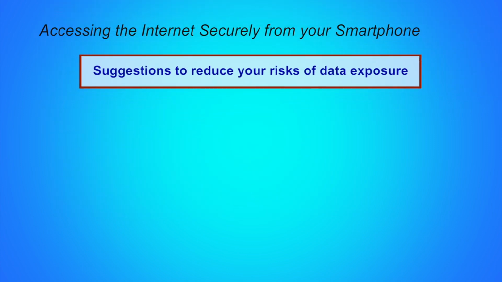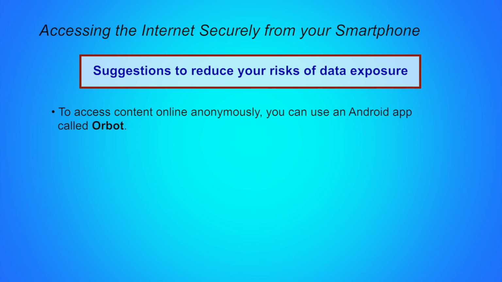Regardless of which path you take for your digital communications with a smartphone, you can reduce your risk of data exposure through the use of anonymizing and encryption tools. To access content online anonymously, you can use an Android app called Orbot. Orbot channels your internet communication through Tor's anonymity network.